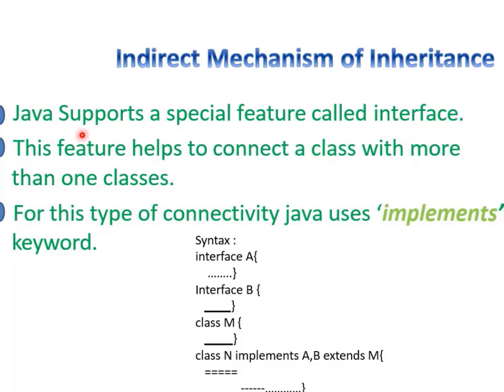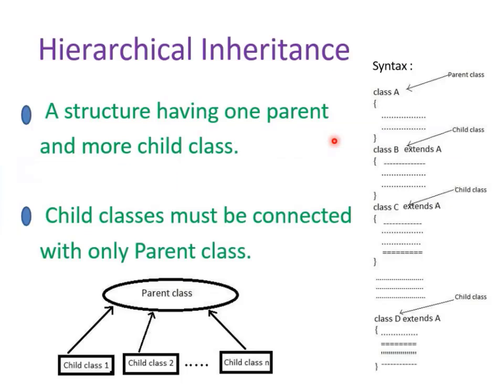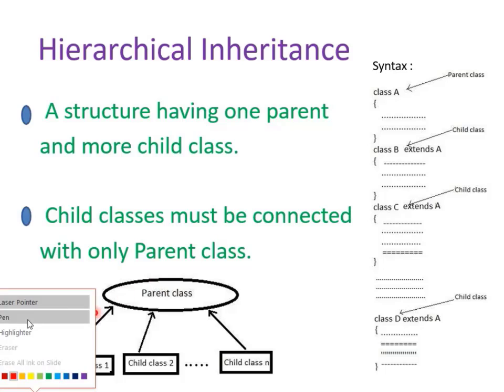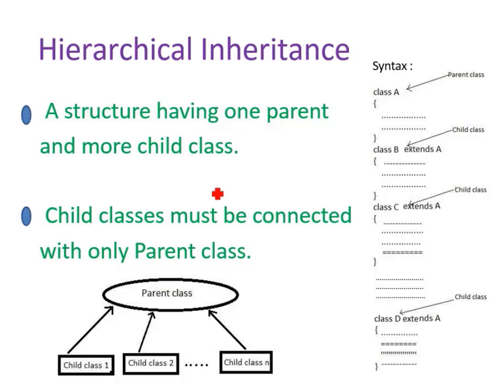Indirect mechanism of inheritance: Java supports a special feature called interfaces. It means that multiple inheritance is not allowed in Java. For example, if I want to create a class which inherits from multiple classes, this is not allowed.